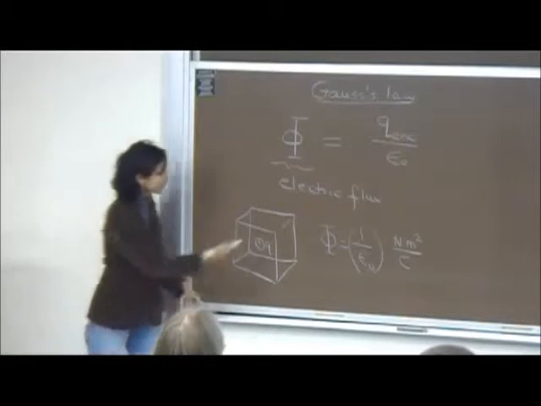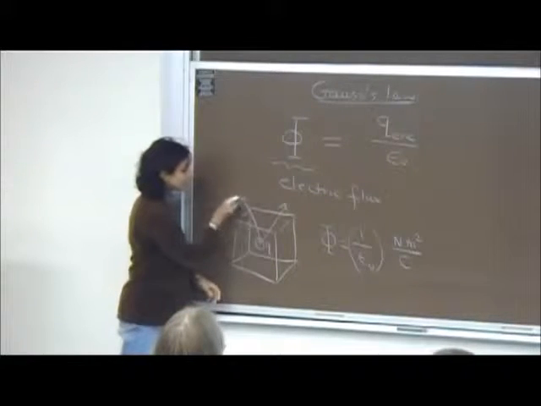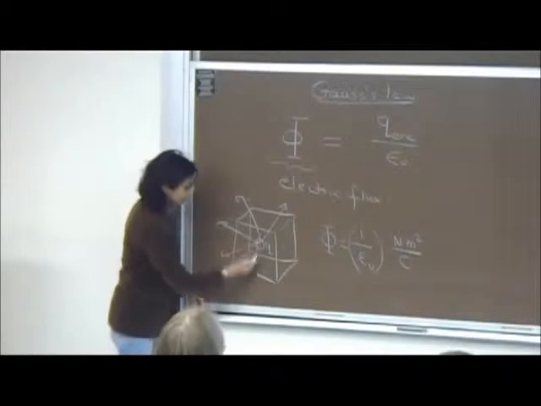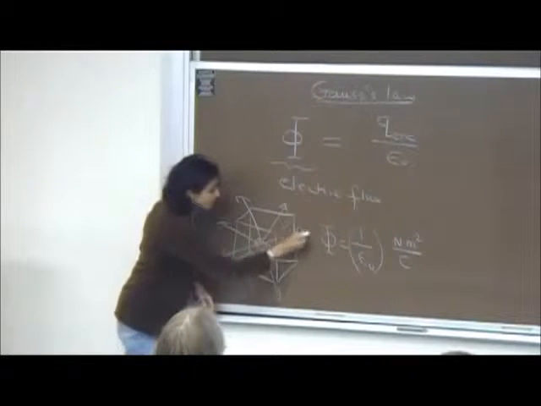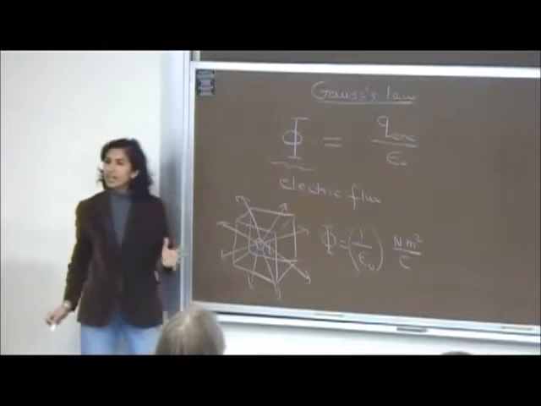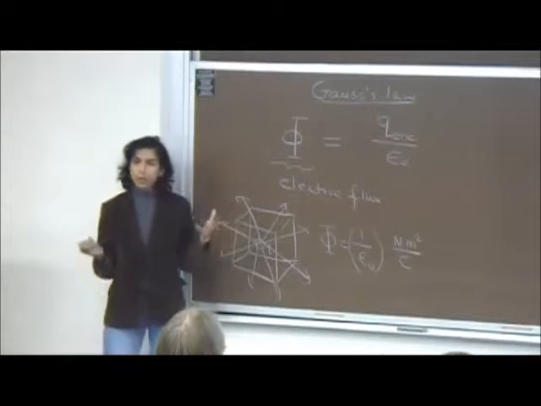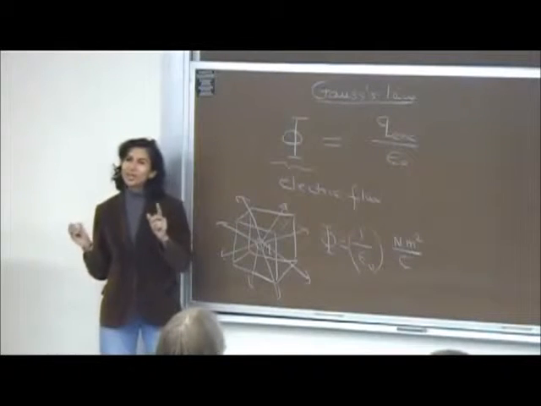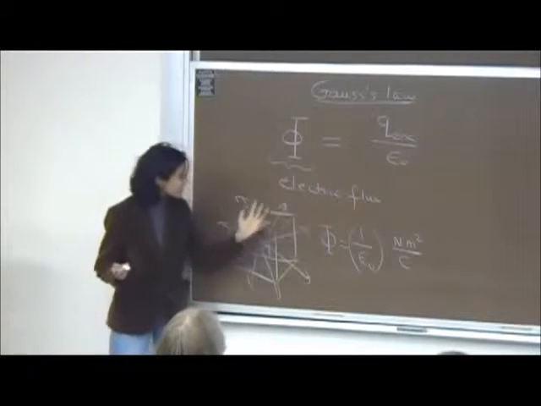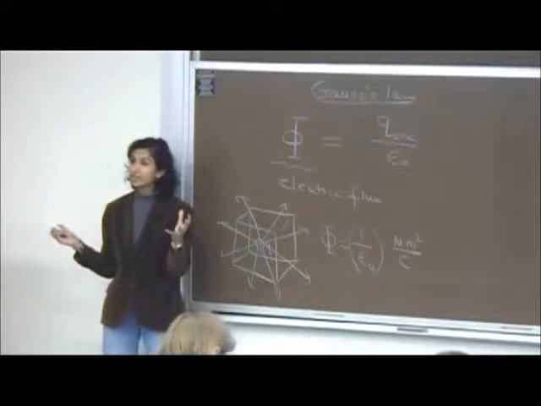What do you think, is the same amount of flux passing through each face of this cube because the charge is at the center? Remember, flux is a quantitative measure of the total number of electric field lines passing through the surface, right?